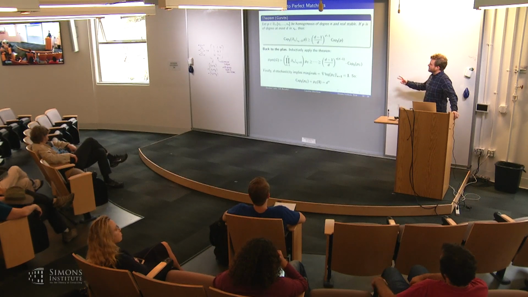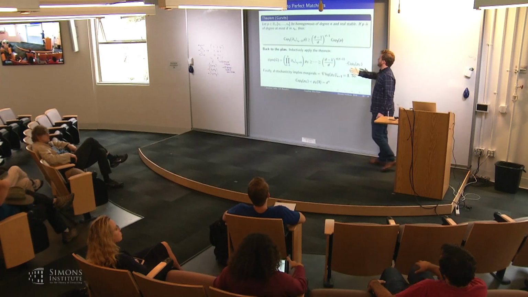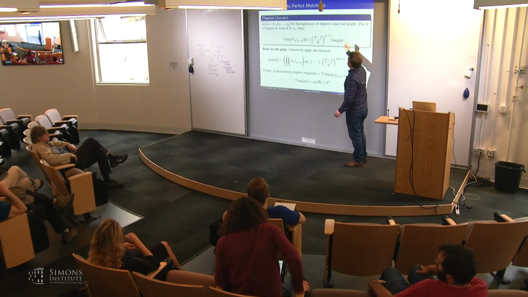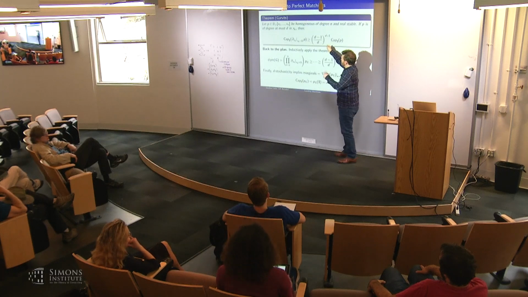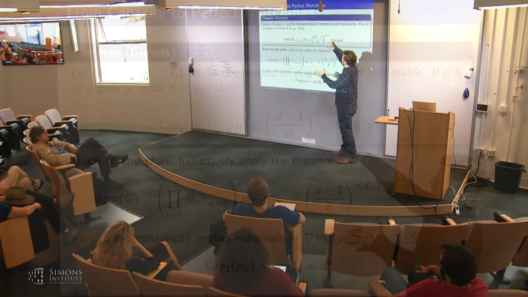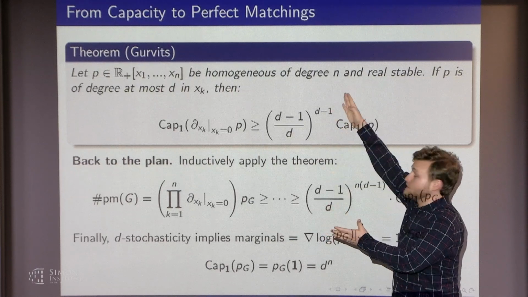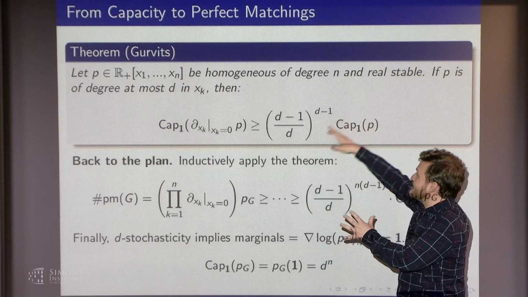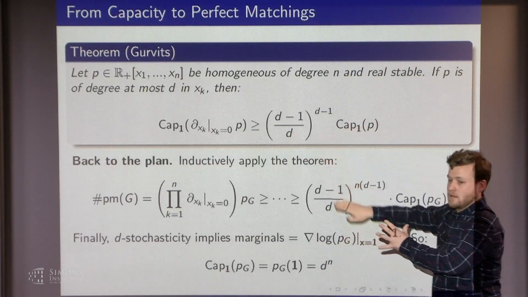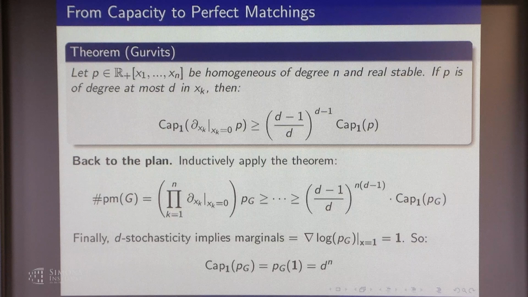So I guess the point that Leon is making here is that you can keep track somehow of the degree of each variable, but you know that after I apply a whole bunch of these derivatives, it's going to drop the homogeneity degree down. And if that gets below d, then I can use that number instead of d here. Even slightly better you can do, but anyways, you get sharp. And even better. So by keeping track of more degree information and doing some other things, you can get sharper bounds than this. This is maybe more just an explanation of what we're planning to do for this next application.